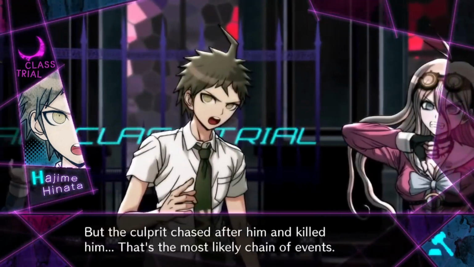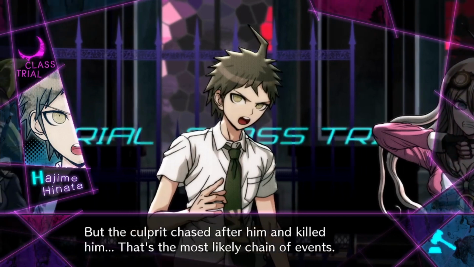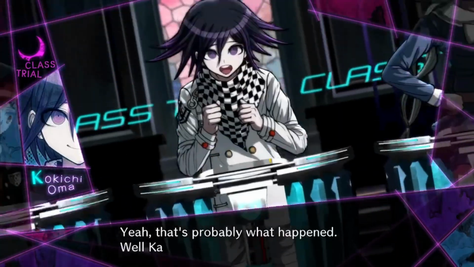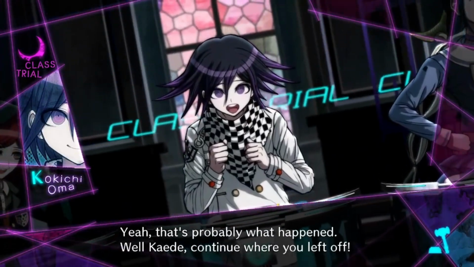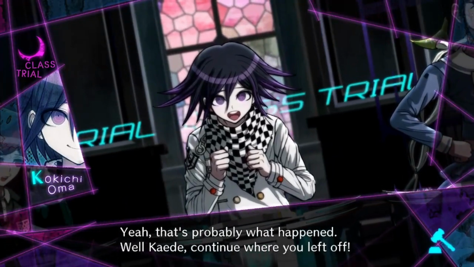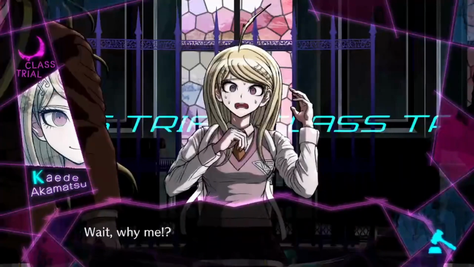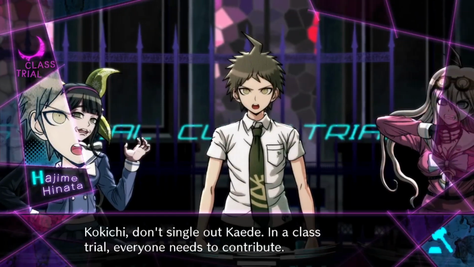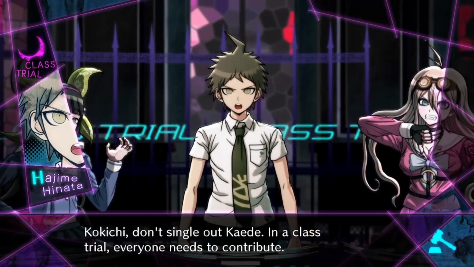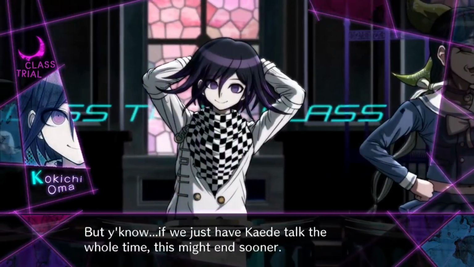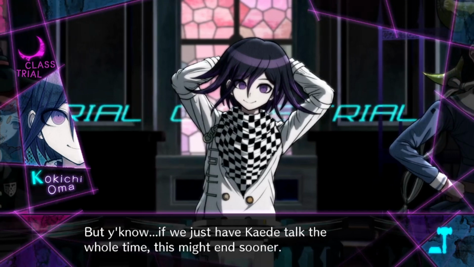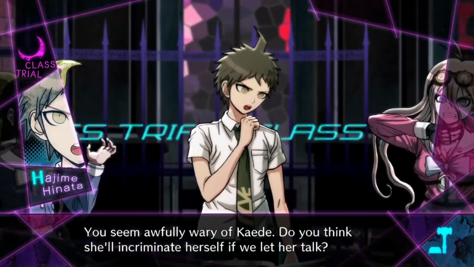But the culprit chased after him and killed him. That's the most likely chain of events. Yeah, that's probably what happened. Well, Kaede, continue where you left off. Wait, why me? Kokichi, don't single out Kaede. In a class trial, everyone needs to contribute. But you know, if we just have Kaede talk the whole time, this might end sooner. You seem awfully wary of Kaede.